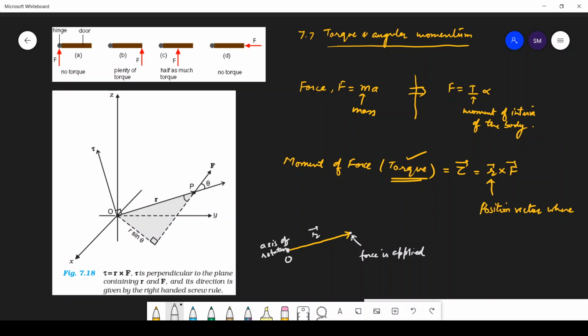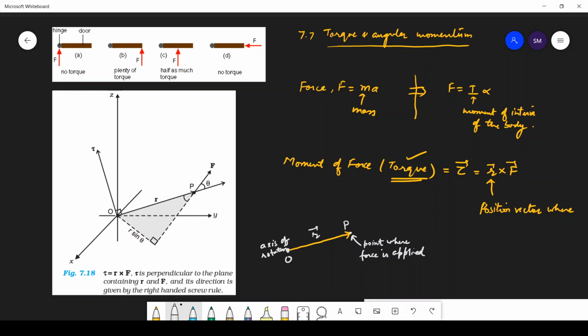Axis of rotation, definitely it's a line, but this is the point. So this is the point P where the force is applied.